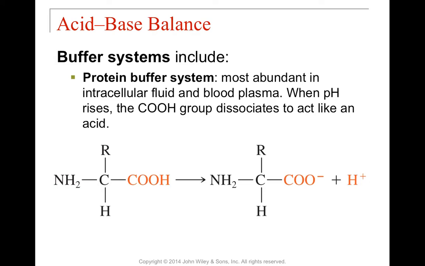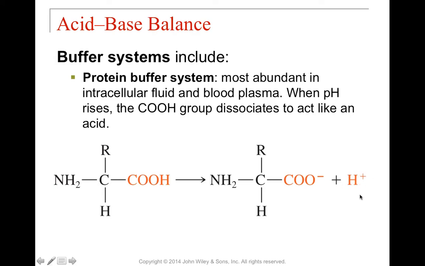Okay, so how do we stay right there in the middle in that nice tight pH range? So we use several different buffer systems. One of them that we use is the protein buffer system, and you may notice when we talked about the difference between the blood plasma versus the intracellular fluid is that the protein is going to be much higher in the blood plasma than in, say, the cytoplasmic fluid, right? And this protein is going to be really important because as the pH increases, this carboxyl group can become a carboxylic acid pretty easily, and therefore it can free that hydrogen, right?